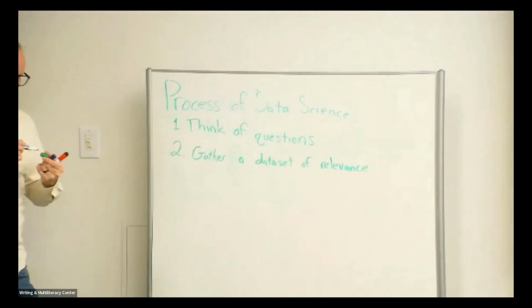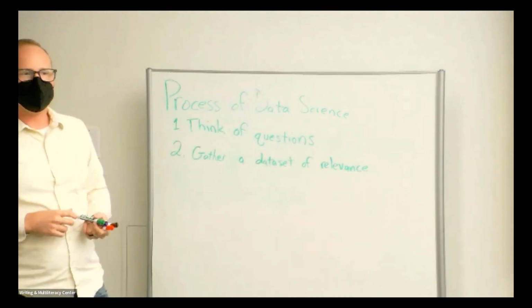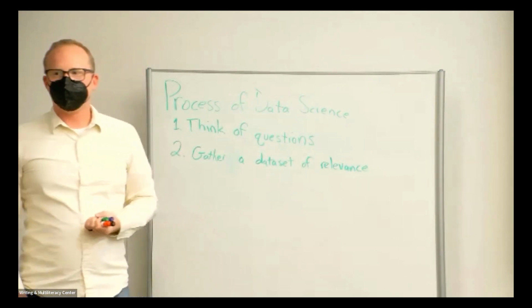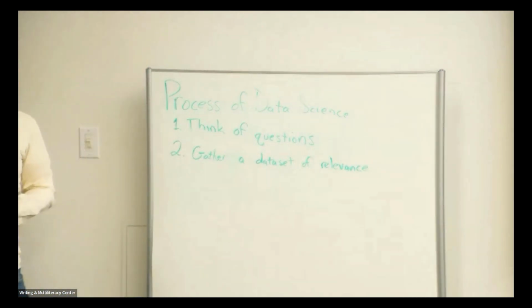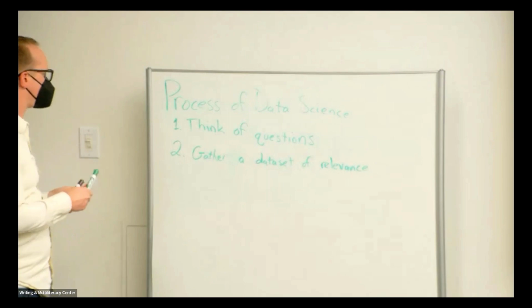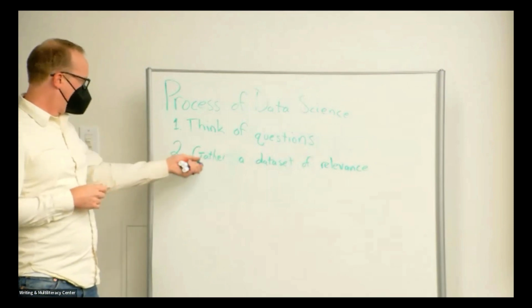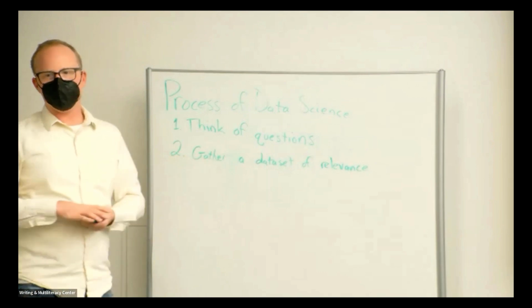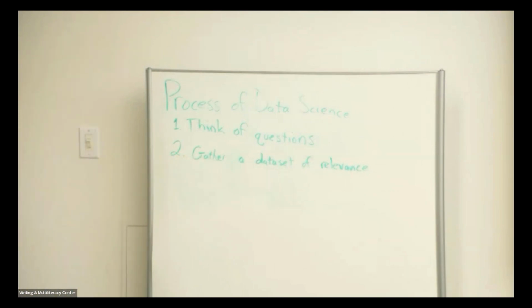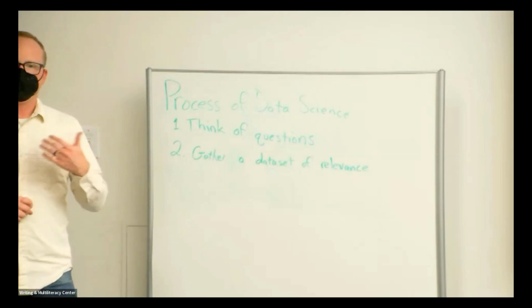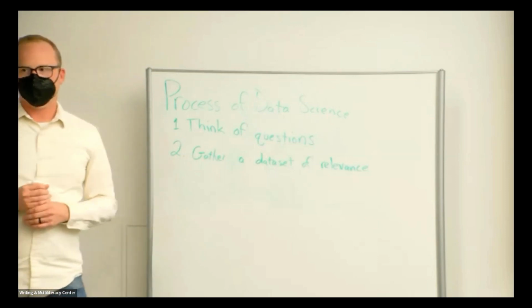However, when it comes to data science, you can't create narratives that answer questions without a data set of relevance. There's also a step here called gather, in which there may be potentially information that is available to you if you know the right people to ask and the right ways to ask them.